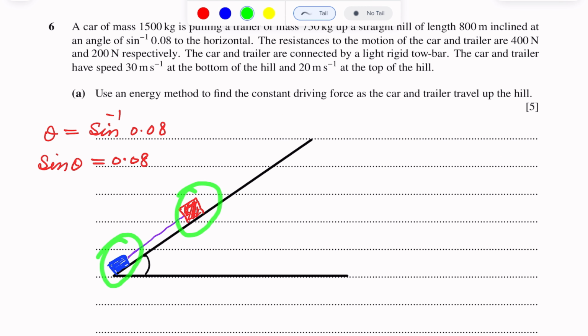This is car, this is trailer. We represent the forces, tension, and the opposite direction of the two tensions.